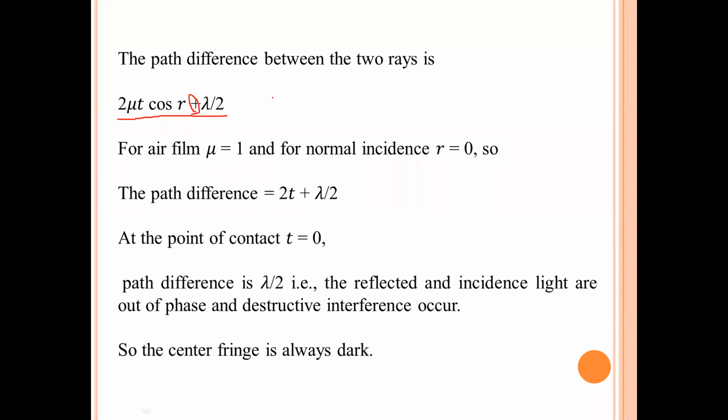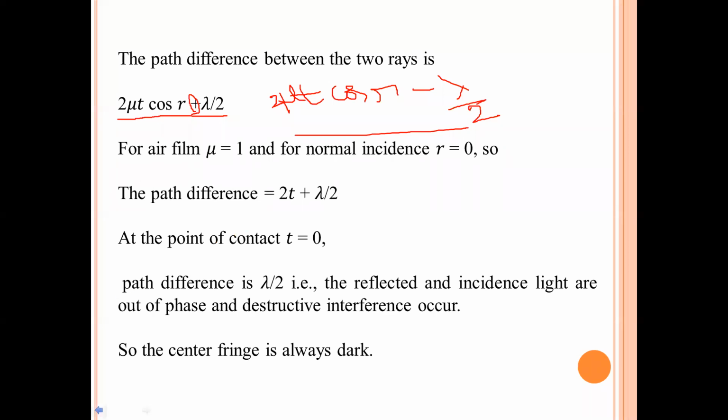Actually, in interference in thin films, the formula is 2 mu t cos r minus lambda by 2. But here, we have to take plus lambda by 2. Why do we choose plus lambda by 2 in Newton's rings, and minus lambda by 2 in interference in thin films?